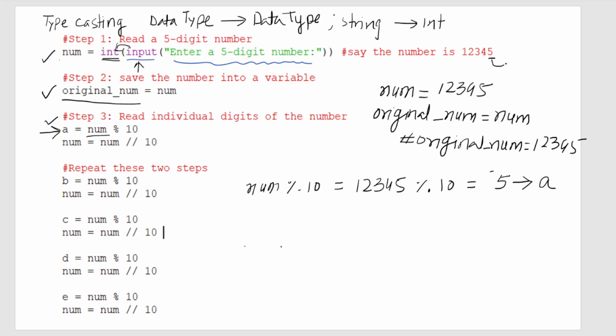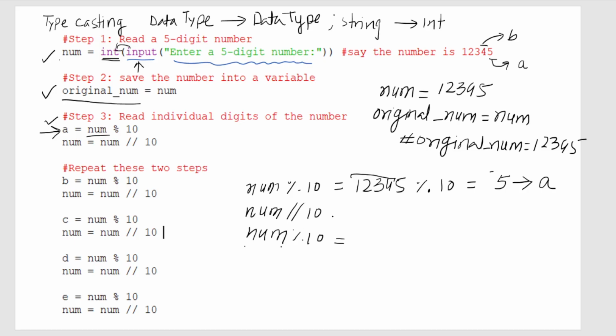Now our objective should be reading this next digit 4 into a variable called b. If I again do num modulus 10, I will get the same number. Before doing this, we need to reduce this number to 1 2 3 4 if I want 4 in the variable called b. For this I am using one more instruction, that is division by floor.